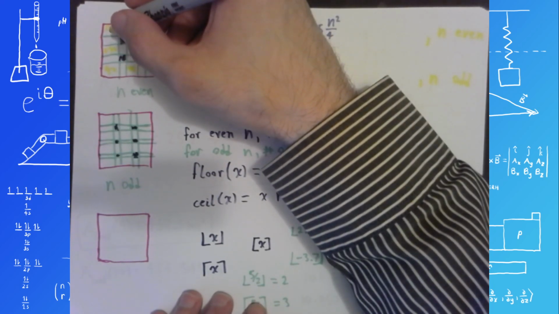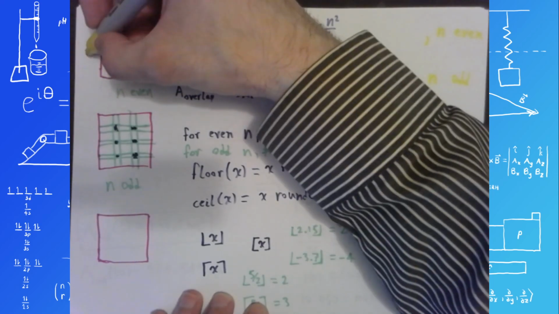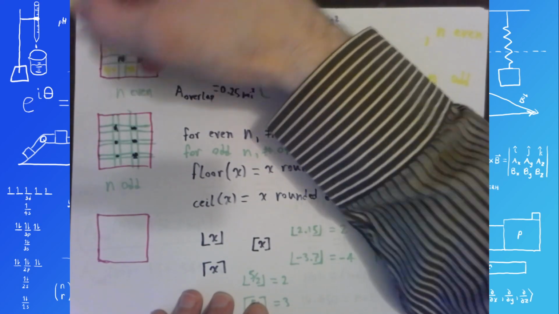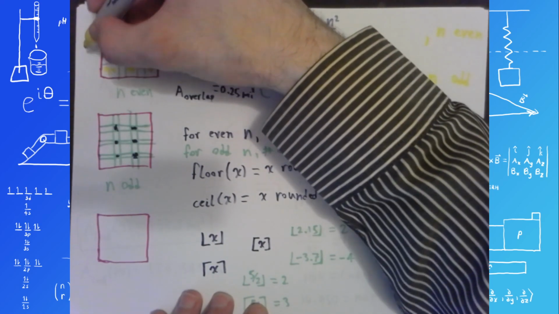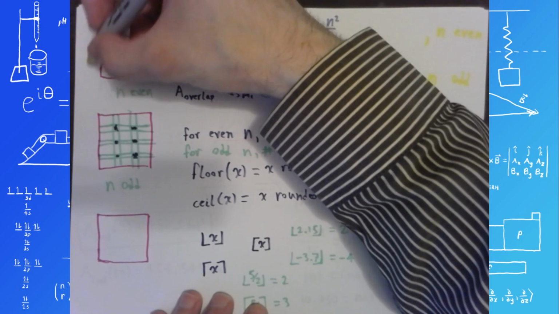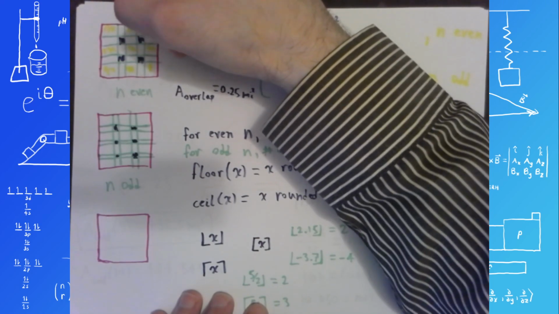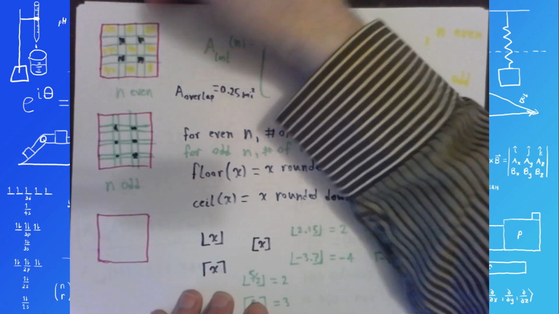Hold on, I lost my train of thought. I think you know what I was going to say. So I'm getting 3 by 3 essentially. I'm getting 9 areas, 3 by 3. So I'm getting number of horizontal breaks plus 1 along this side times number of vertical breaks plus 1 on this side.